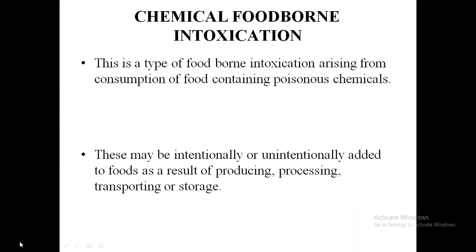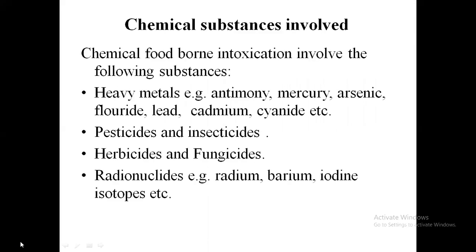The next type of intoxication is chemical intoxication. It is the consumption of food containing poisonous chemicals, which can be added to the food intentionally or unintentionally. Many times you can see this occur in society, as a result of producing, processing, transporting, or storage.